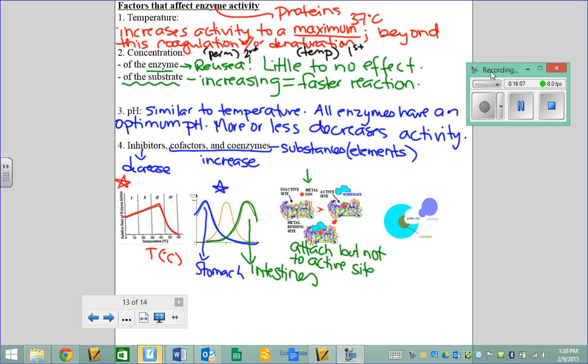Now the types of molecules that do that, if it was an inhibitor and there was an element or a molecule that attached somewhere other than the active site, we would call this a non-competitive inhibitor. If it was helping, we would call it a cofactor.